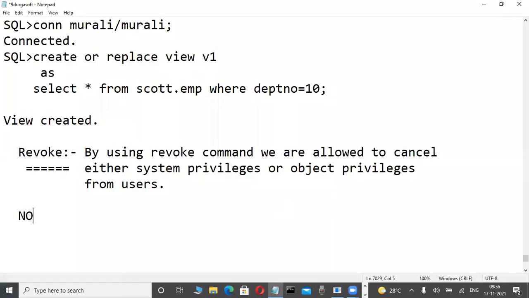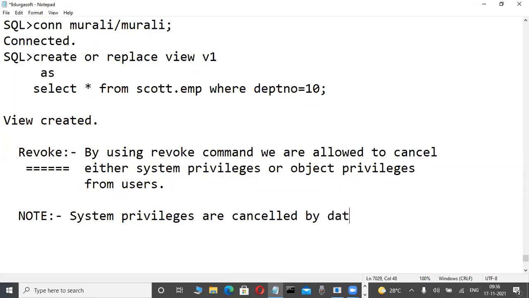Write a note: system privileges are cancelled by the database administrator only.